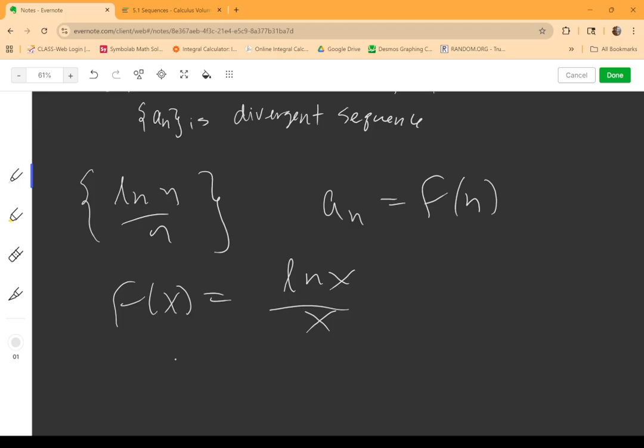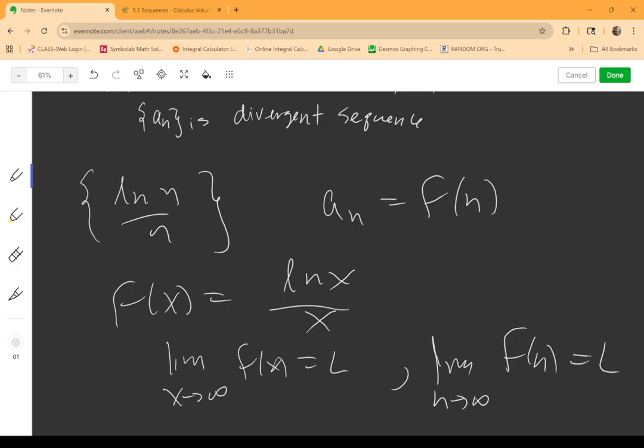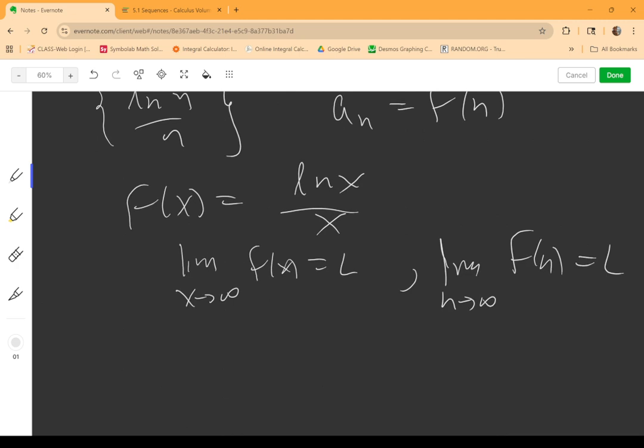Then the limit as x goes to infinity of f of x is equal to L. That would mean that the limit as n goes to infinity of f of n is also going to be L. So if they follow the same behavior as the functions, then we are able to use the different limit laws that we learned before.